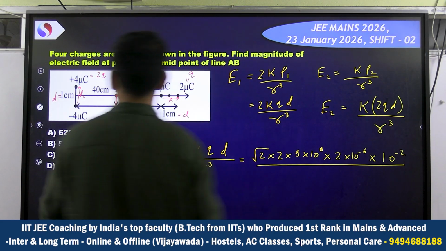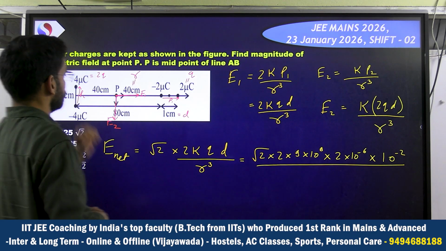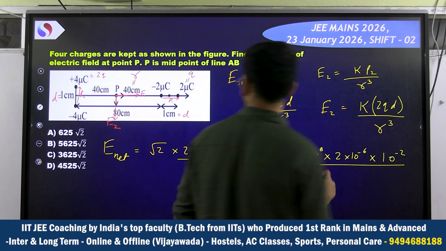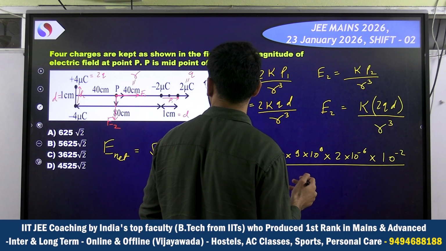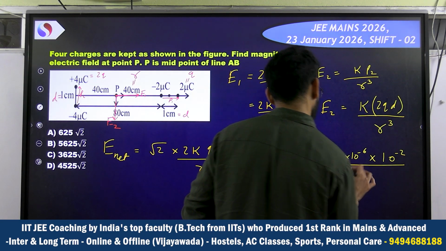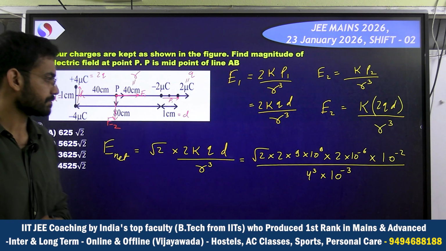R is 40 centimeter, so 40 centimeter cube means 0.4, or 4 into 10 to the power minus 1. So you have 4 cube into 10 to the power minus 3.